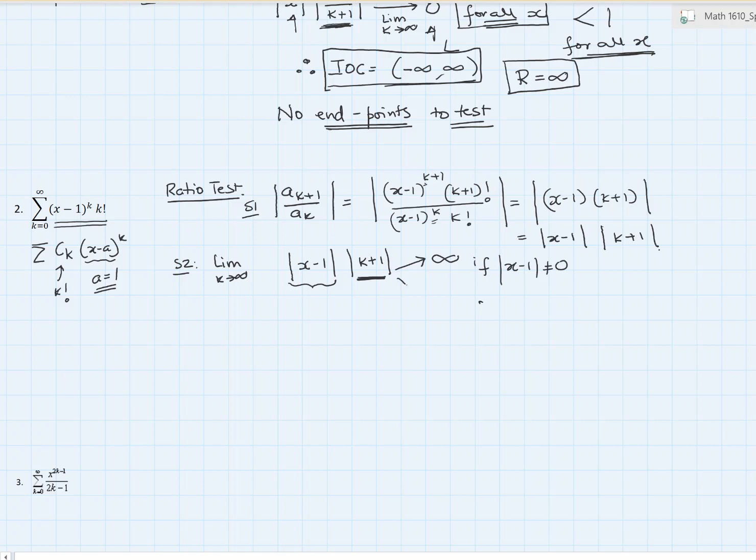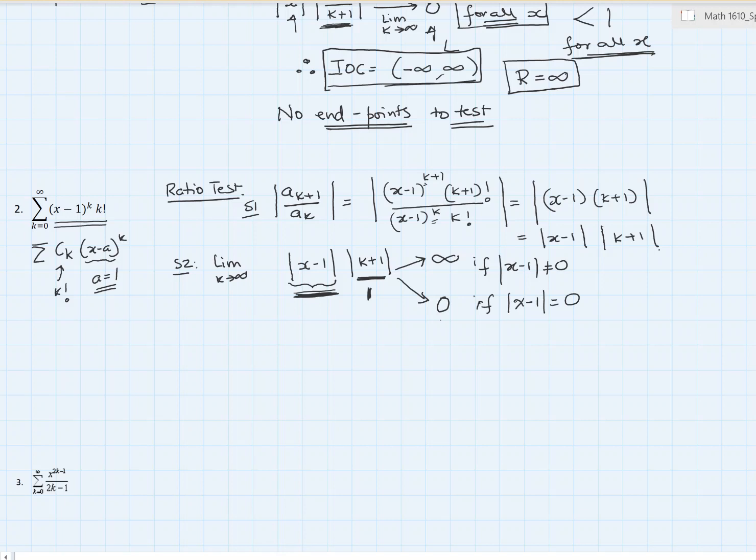On the other hand, if x minus 1 is 0, then 0 times anything that goes to infinity, so even if k plus 1 is going to infinity, as long as x minus 1 is 0, we are going to get 0. So this goes to 0 if absolute value of x minus 1 is 0.